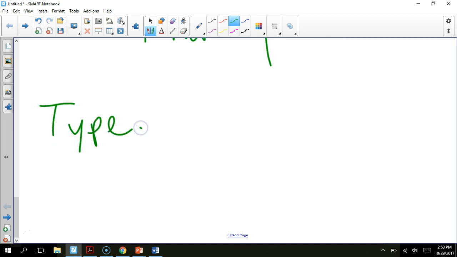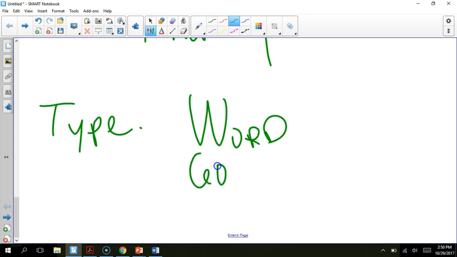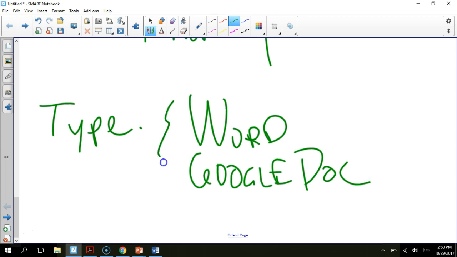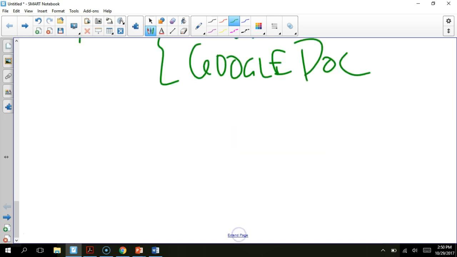You can either use Word, or, I'm a Google guy, so you can use a Google Doc, and share it with me. But you want to have this ready to go so that you have some idea of what process you're going to follow when you get into the lab the next time. So that's what you're doing, and you're going to have 3 weeks to figure this out.